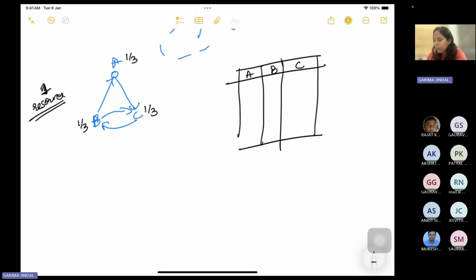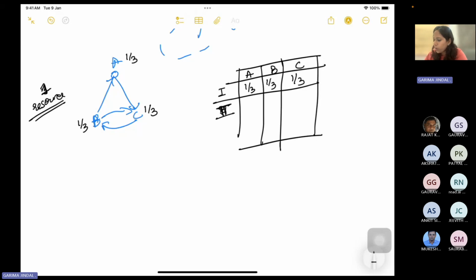So now all the nodes have equal score at the first step. Now let us try to understand what will happen in the next iteration.